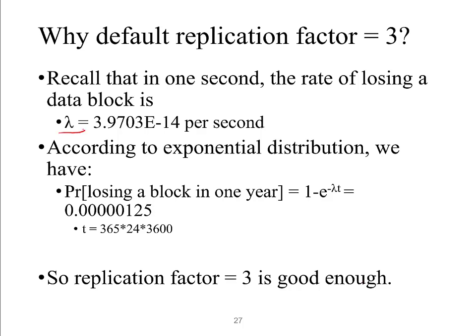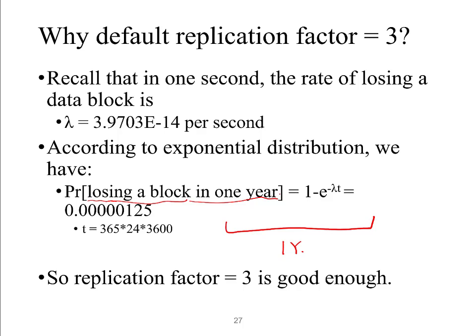Now, in this slide, we only need to use lambda. According to the exponential distribution, which is the probability distribution of the time between events in a Poisson point process, it models the probability of losing a block in, for example, 1 year.